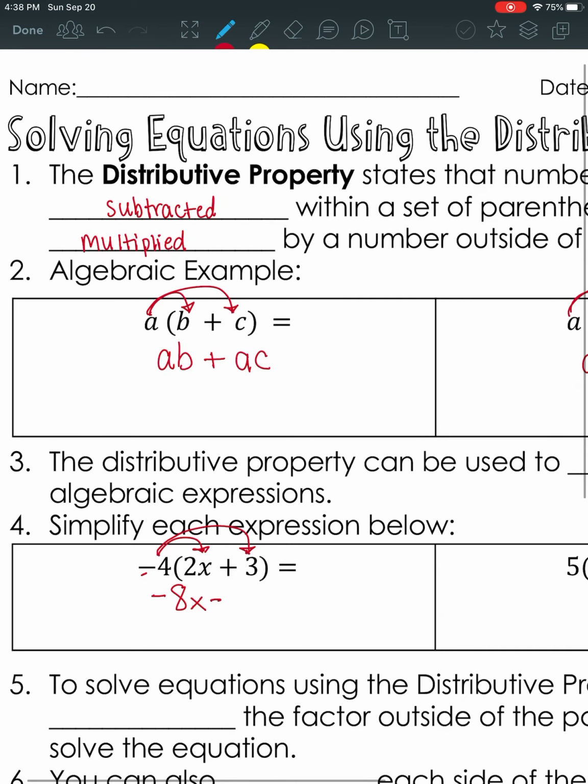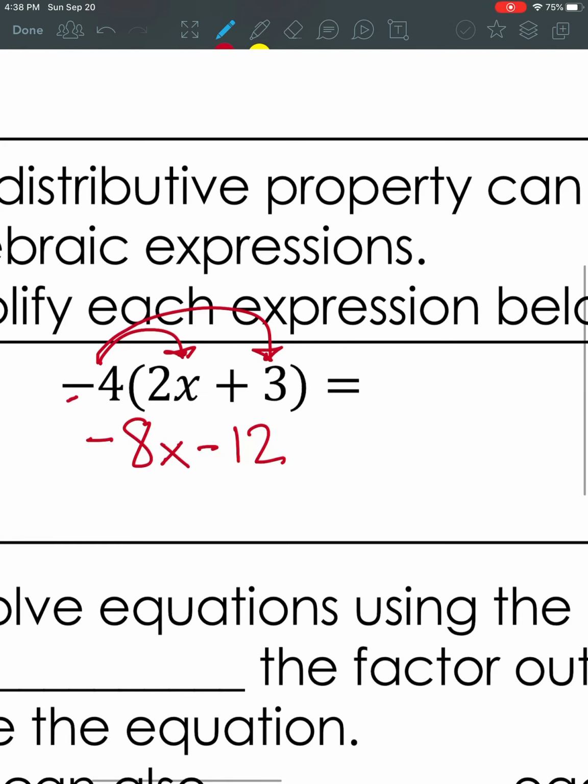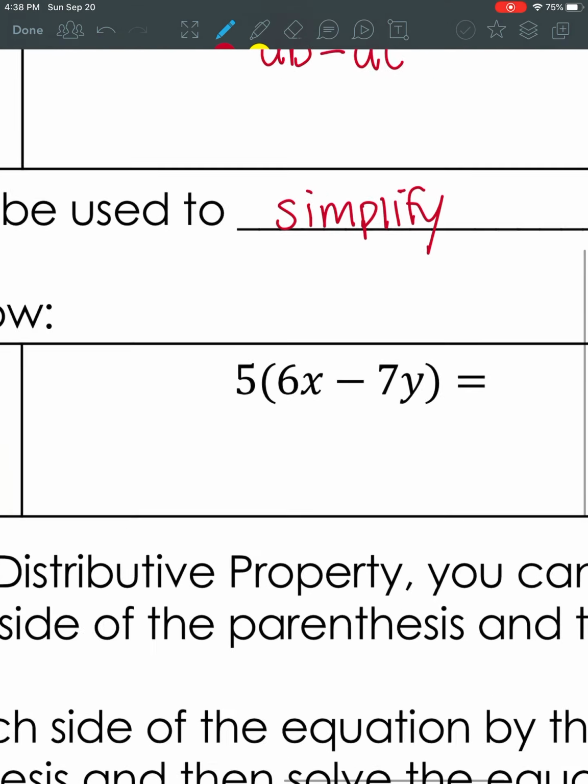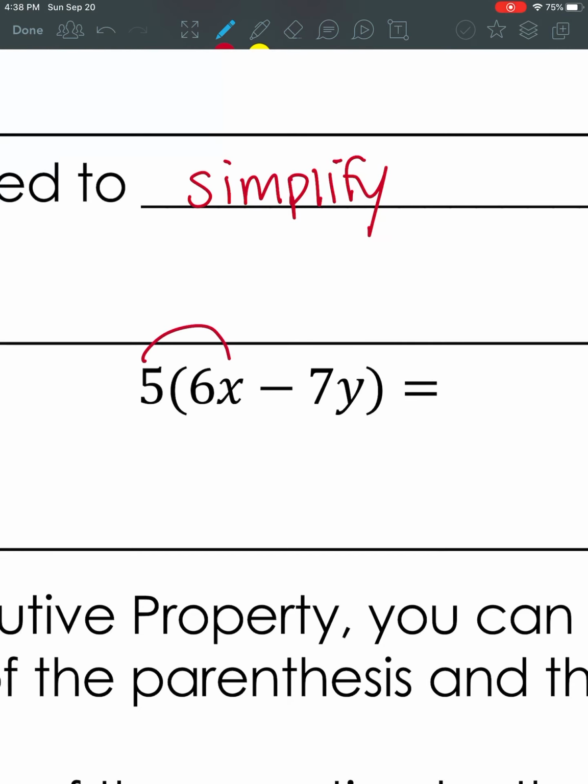Rather than writing this simplified expression with two signs in the middle, a negative times a positive, we just write it as a minus. And then 4 times 3 is 12. Rather than saying -8x plus -12, we simplify it to just one sign in the middle. So -8x minus 12.